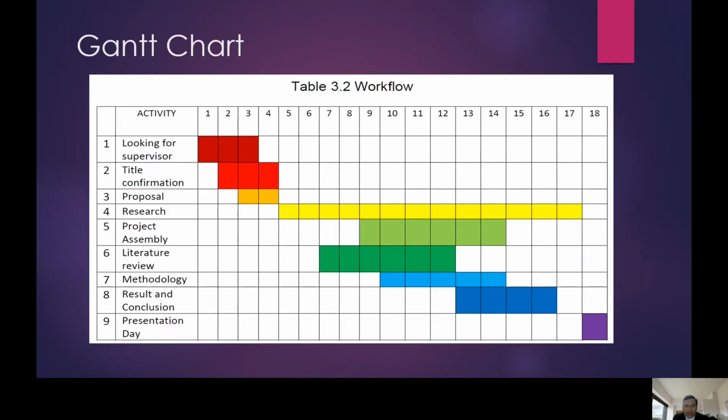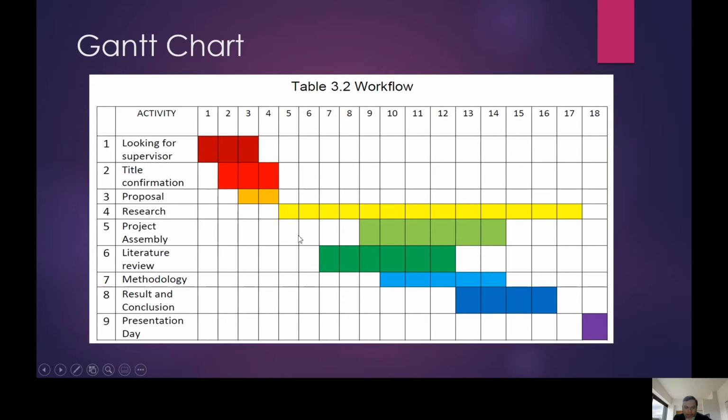Okay. So this is my Gantt chart for my final year project. Week 1 until week 3, I'm looking for a supervisor. And week 2 until week 4, title confirmation. Week 3 until week 4, my proposal to my supervisor. And for week 5 until week 17 is my research.